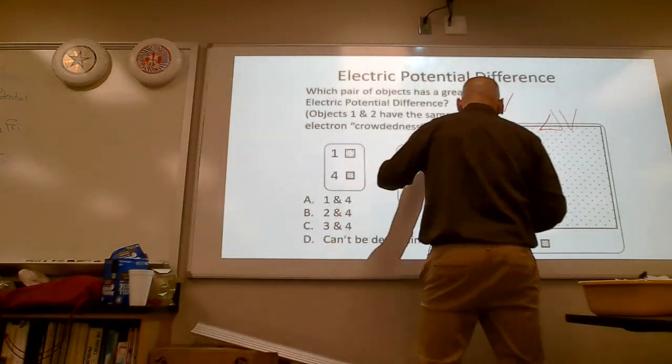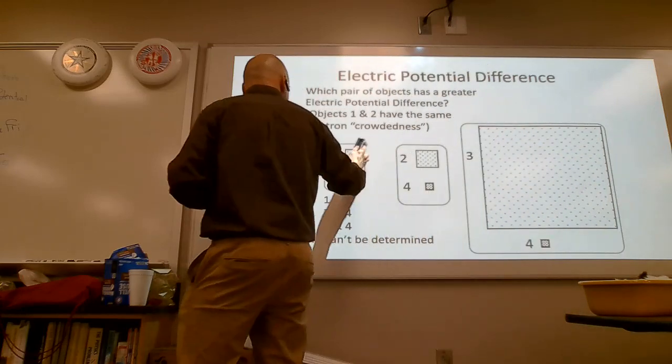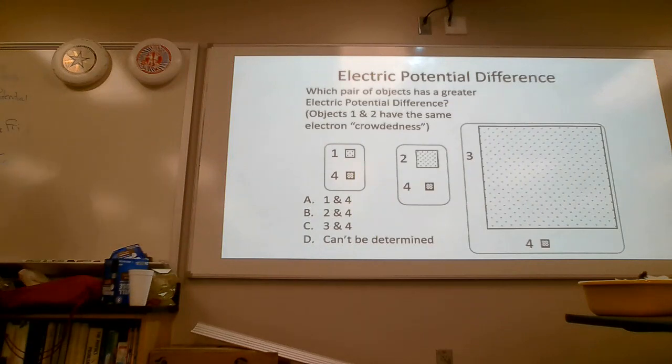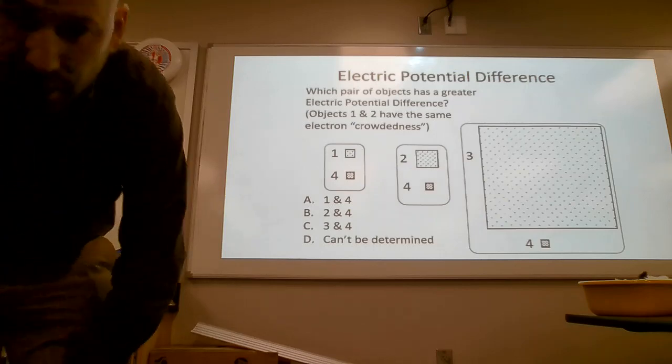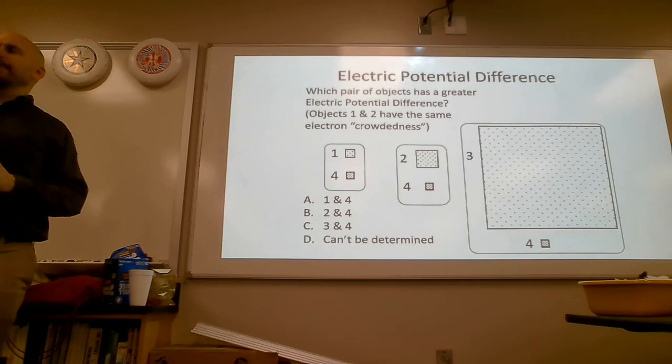Object 1 and 2 have the same electron crowdedness, the same electron density. Three is more spread out than 1 and 2. Tell your neighbor.